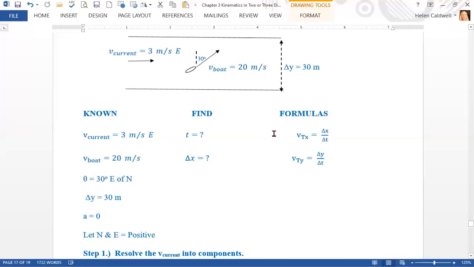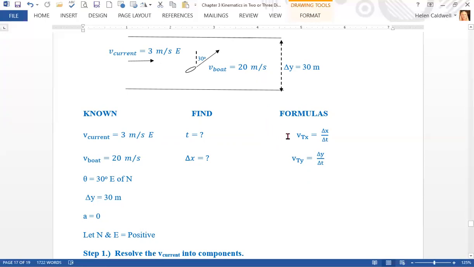So delta x. With relative velocity problems, and this applies to boats in a current, swimmers in a current, planes in the wind, for these kinds of problems where you have an object that travels at a rate and then an outside influence that's traveling at a different rate, we only have two formulas.